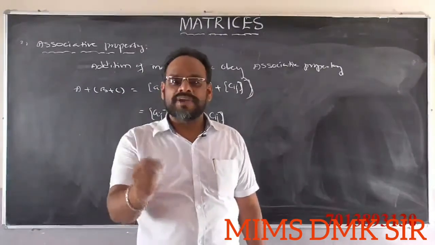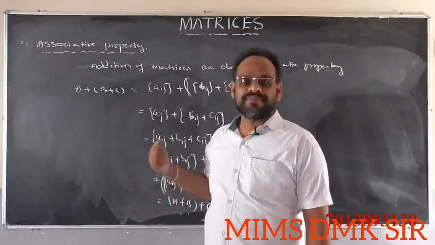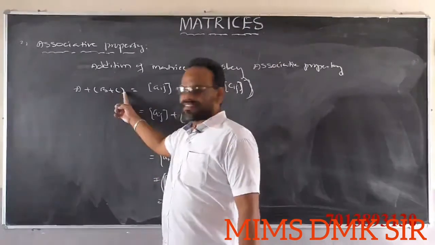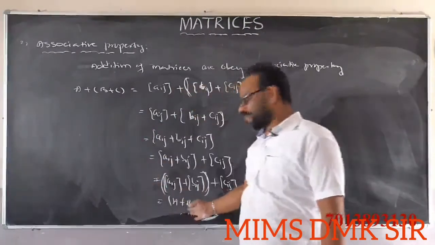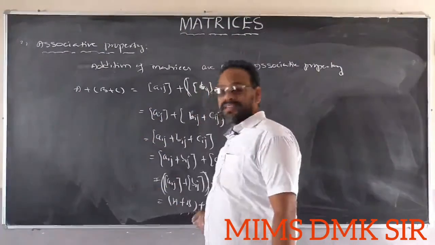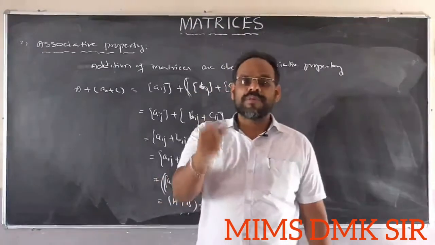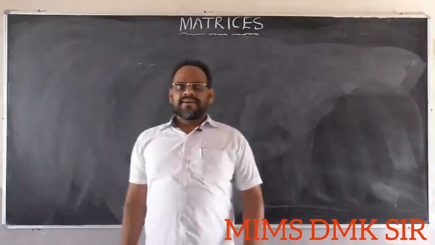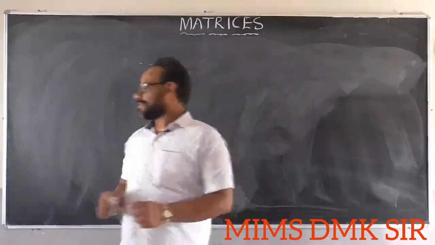Matrices are satisfied by the associative property. A plus B plus C is nothing but A plus B plus C. That means matrices obey associativity. Next one is additive identity.